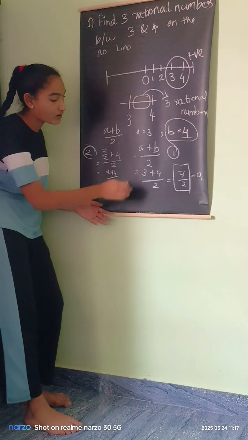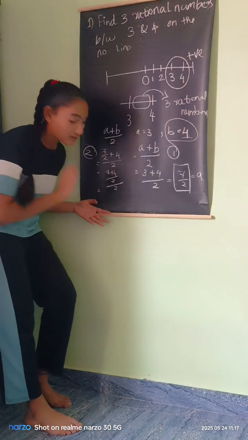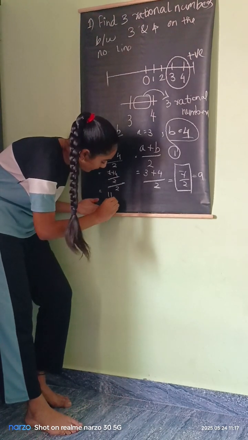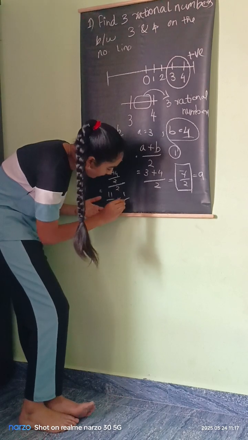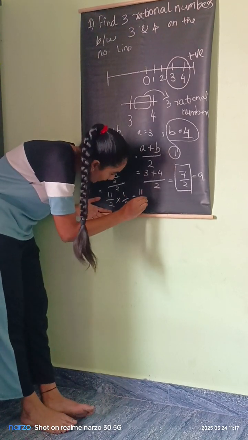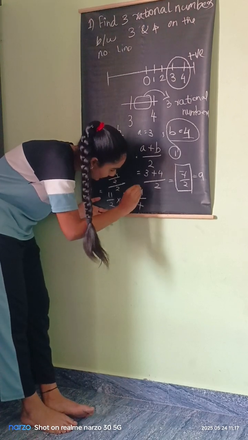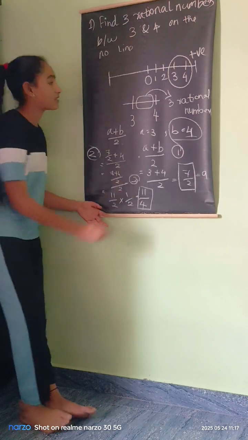Here, if the 2 goes below, it becomes the reciprocal. 7 plus 4 is 11, so 11 by 2 into 1 by 2. That will be 11 by 4. So this is the second rational number.